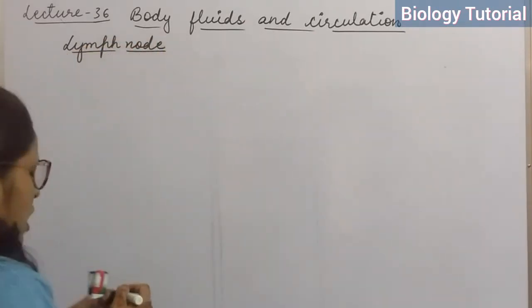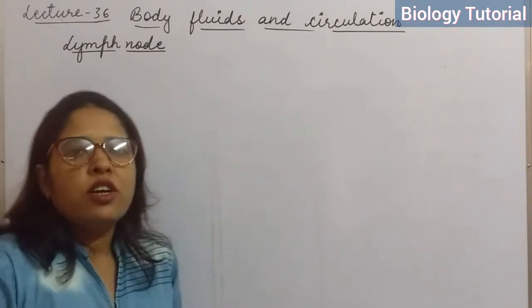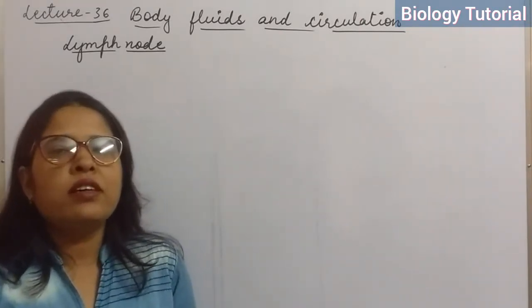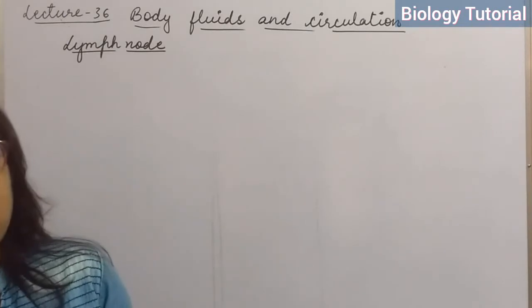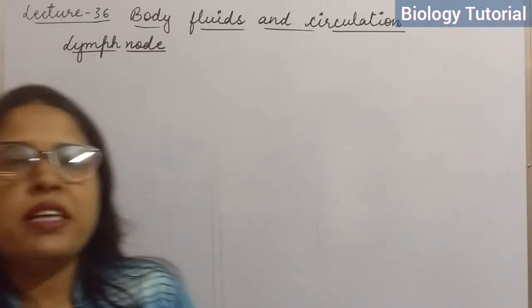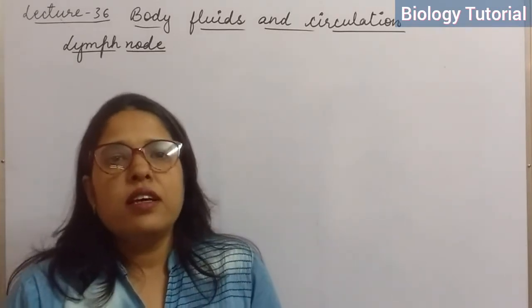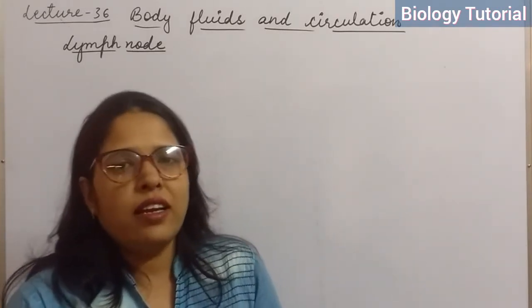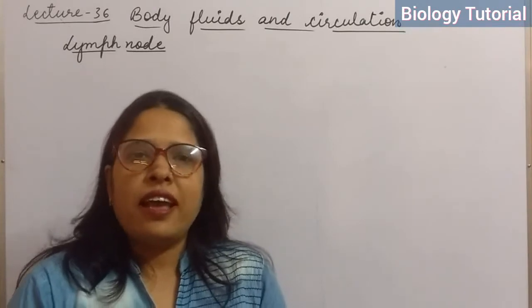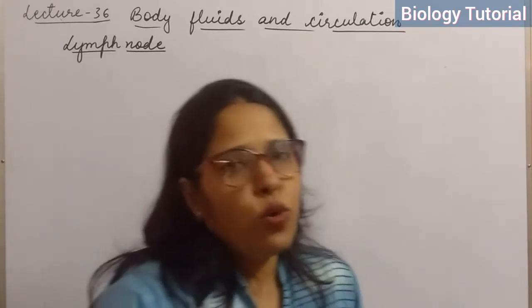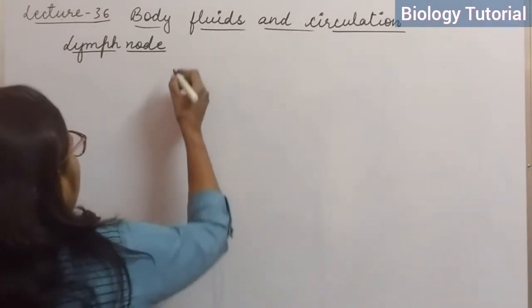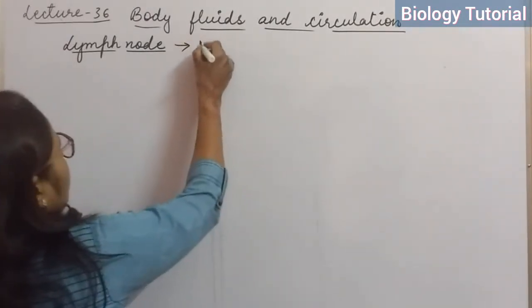These lymph nodes are noded structures which are present in the lymph vessels. Basically these are present everywhere in the body, but their number is maximum in the neck region, in the axilla, and in the groin region.